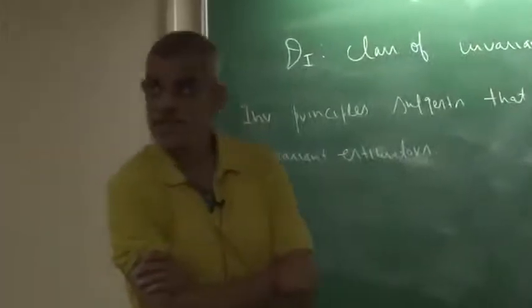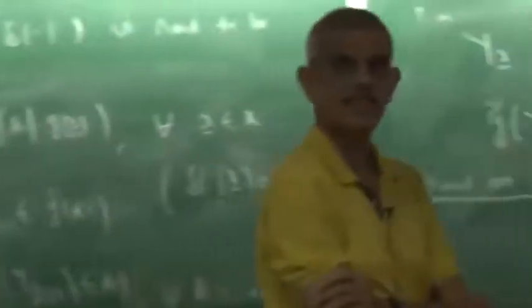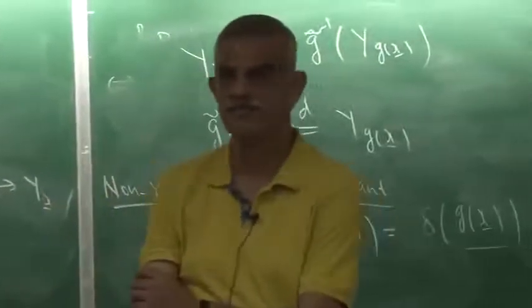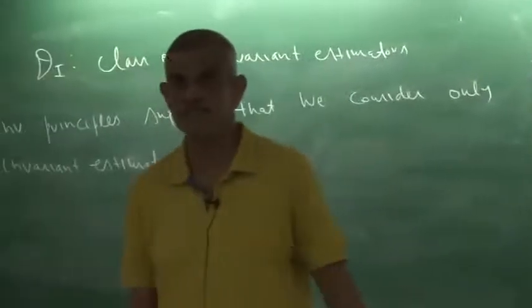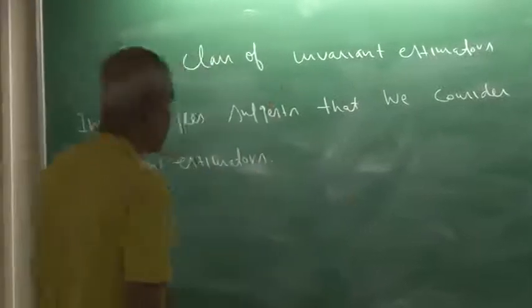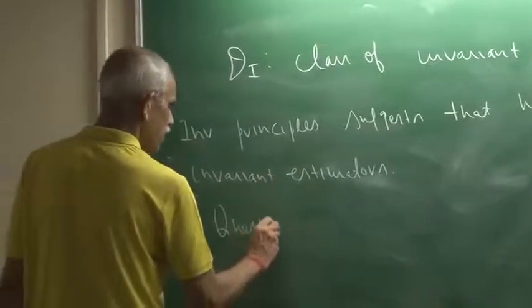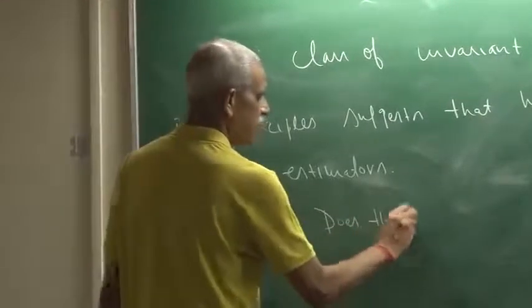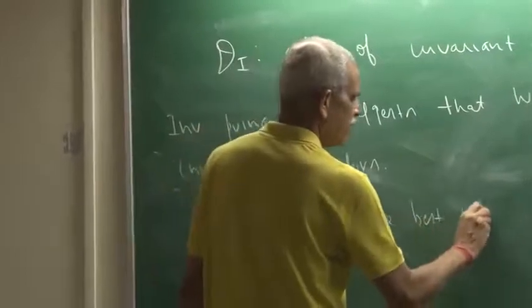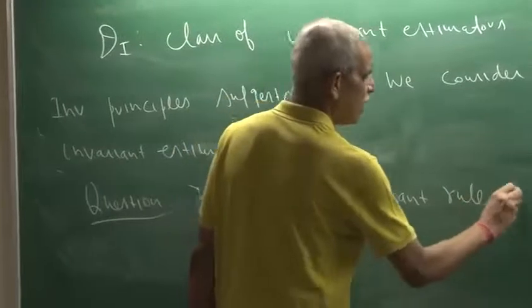So now the issue arises, can I find a best estimator? Can I find a best invariant estimator? The best invariant estimator is the one which minimizes the risk for every delta, for every f. So the question is, does the best invariant rule exist?